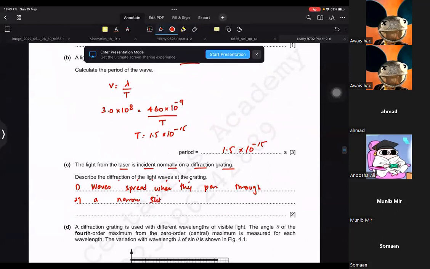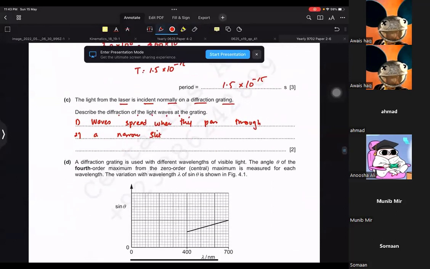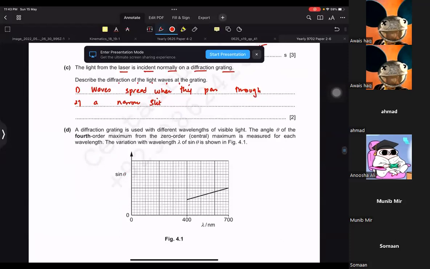You can also write waves spread in geometric shadow. That's the full definition. The diffraction grating is used for different wavelengths of visible light. The angle theta of the 4th order maximum from the 0th order central is measured for the wavelengths.